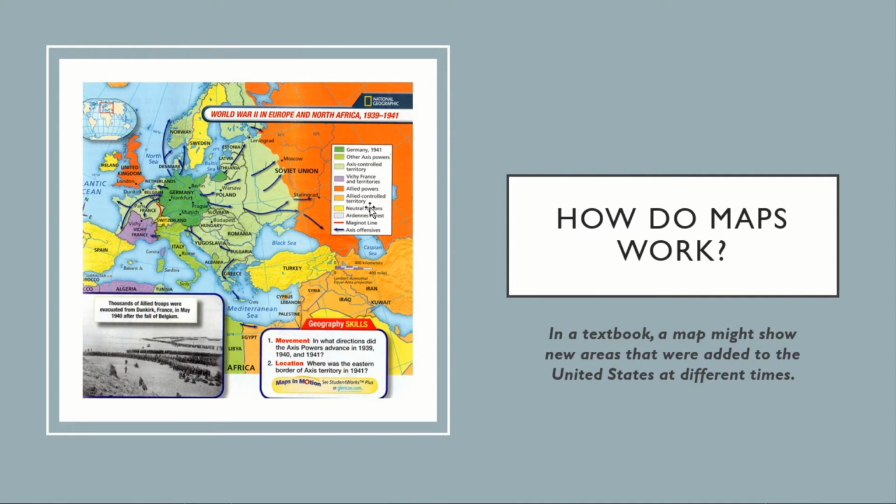And allied controlled territories are these, and the neutral nations, like Spain, Sweden and Ireland, these were the neutral nations. So this map's key is unblocking the information so that we can read easily, and it also helps us understand what exactly is mentioned in the political map.